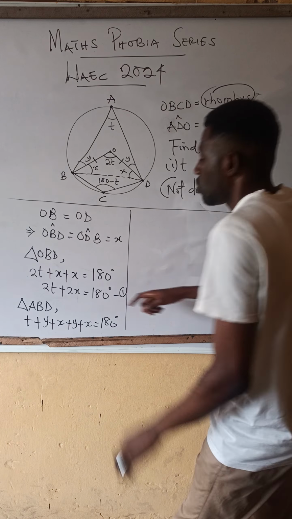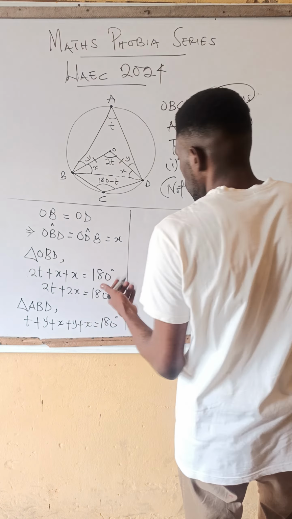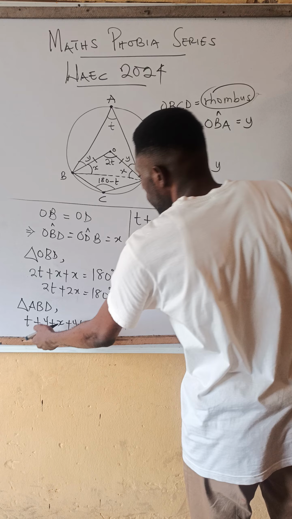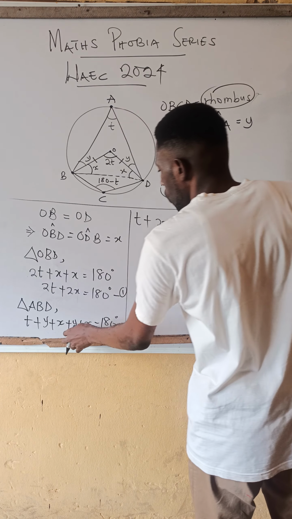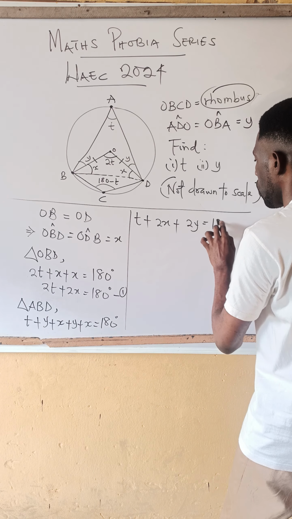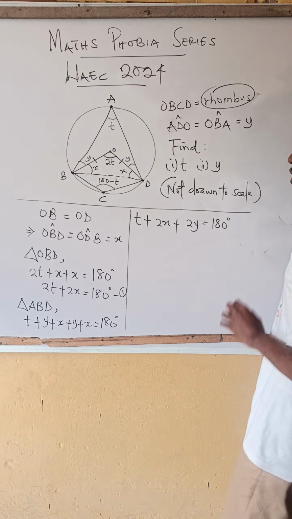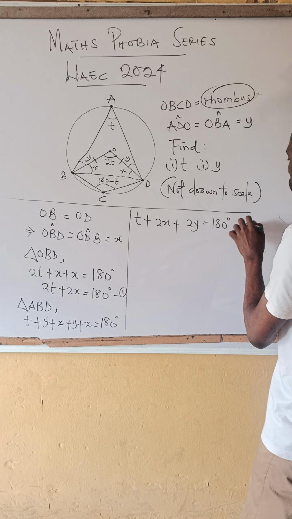Why? Same reason. Sum of angles in the triangle. So what do we have? Collect items. We have t, x plus x, we have 2x, y plus y, we have 2y, equals to what? 180 degrees. Okay, now, let's call this equation 2.